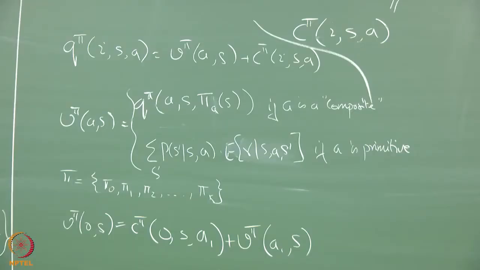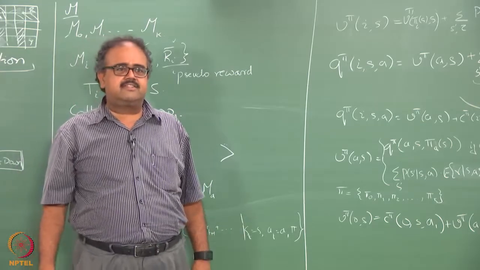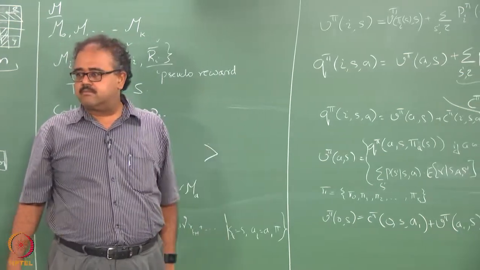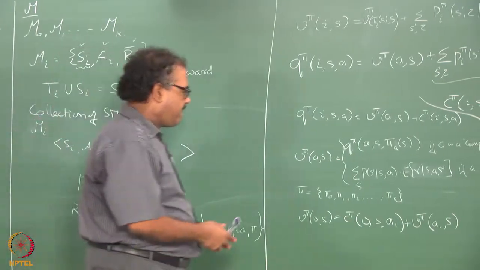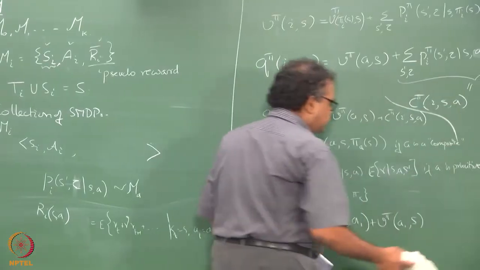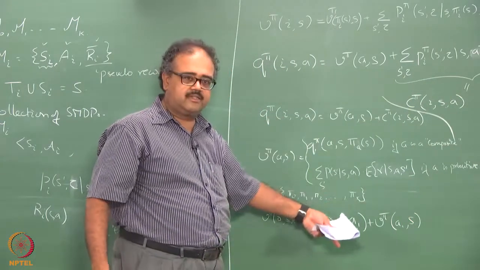Now let us say that I go into A1, and for ease of writing, the first action I take in A1 is A2. So now what will I do? It is a composite action, right.